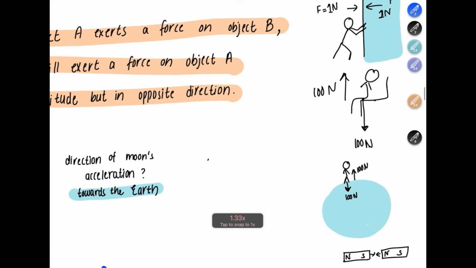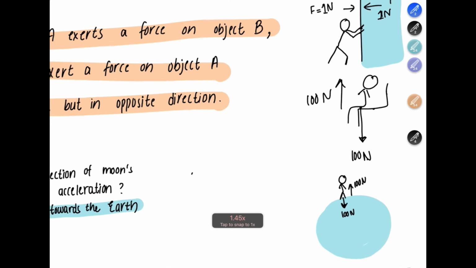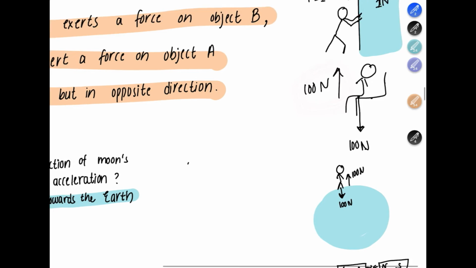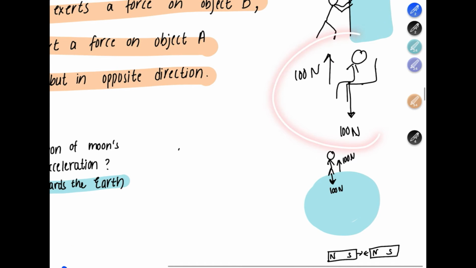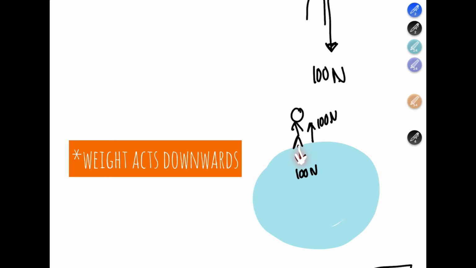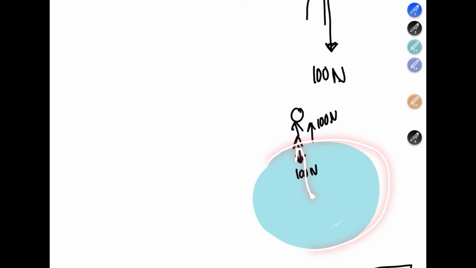Now this can also be applied while you're sitting on a chair. You're sitting down, you have a weight, for example, of 100 newtons. The chair is applying an equal but opposite force of 100 newtons. This is easier to imagine on a chair, but what about Earth? If your weight is 100 newtons going downwards, the Earth does not apply a force depending on its mass, okay?